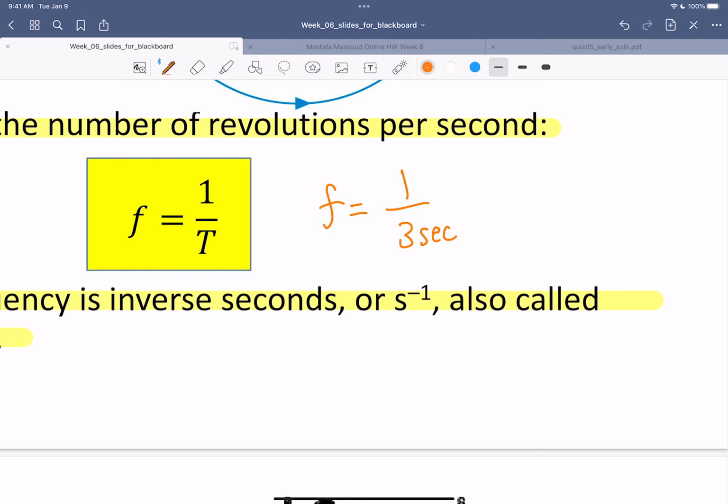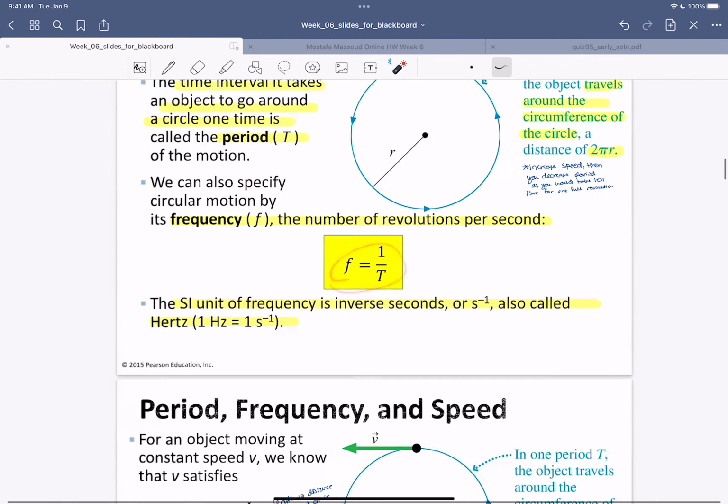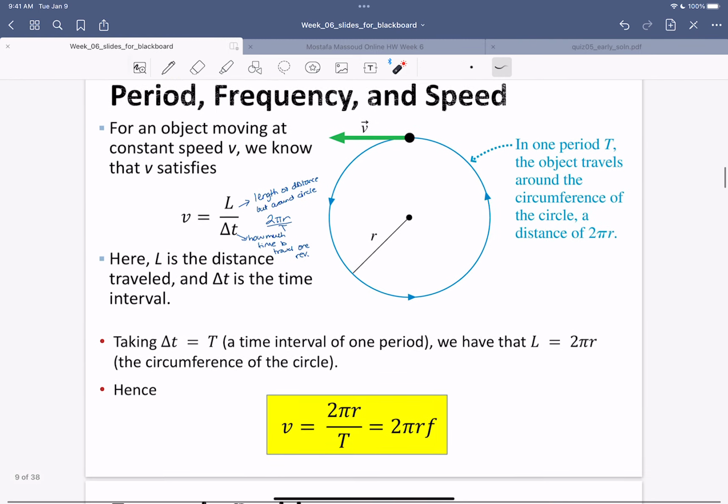So this would be like 0.33 revolutions per second, basically. So that's the relationship that you have here between frequency and period.